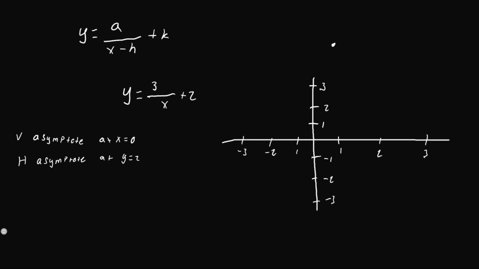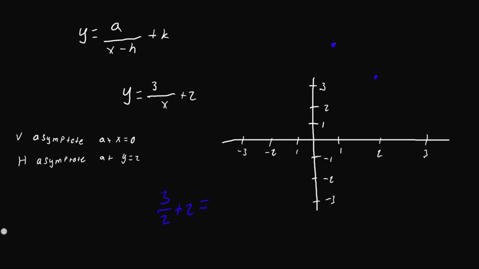Or let's actually color it differently so we know. And when x is equal to 2, it's going to be 3 over 2 plus 2, which gives 3.5, which is around here.